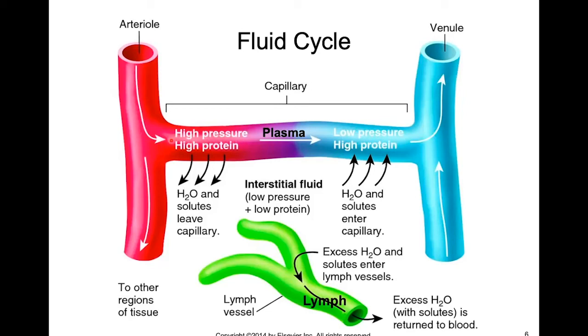Because of this higher pressure inside of the blood capillary, that's going to force water to move out into the tissue space. This is what is going to create that interstitial fluid. Now, at the other end of our capillary bed, we have slightly lower pressure. And so some of that water might be able to move back into our cardiovascular system and then circulate back through the venules.